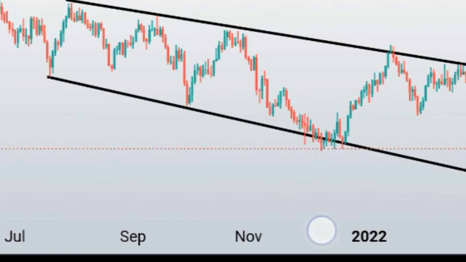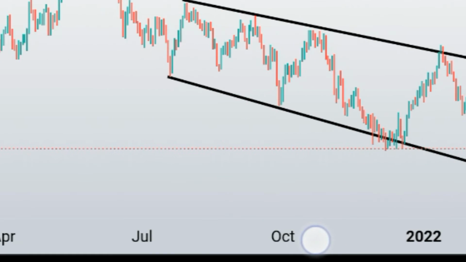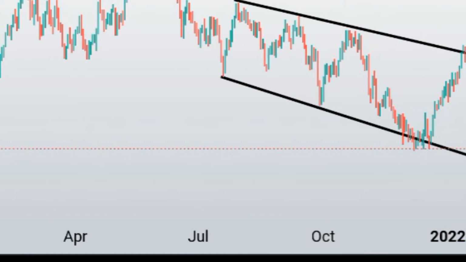A descending channel is also a reversal pattern. So on my daily time frame, I have a descending channel for GBPUSD. I have identified my high and my low.